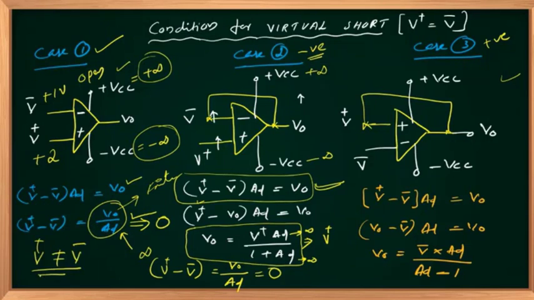An increase in negative input should decrease my output, because an increase in V minus should decrease my output. That decrease is available again at my negative. A decrease in negative input should increase my output. That increase is again available at my negative. So output should decrease.